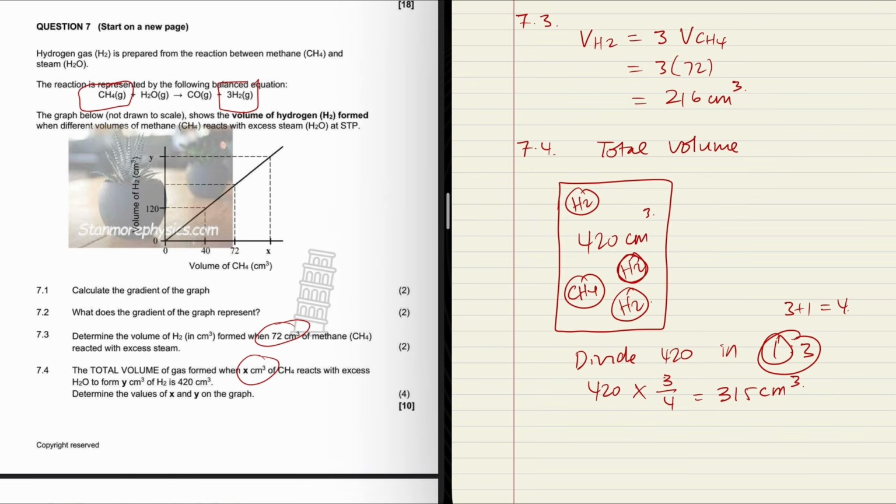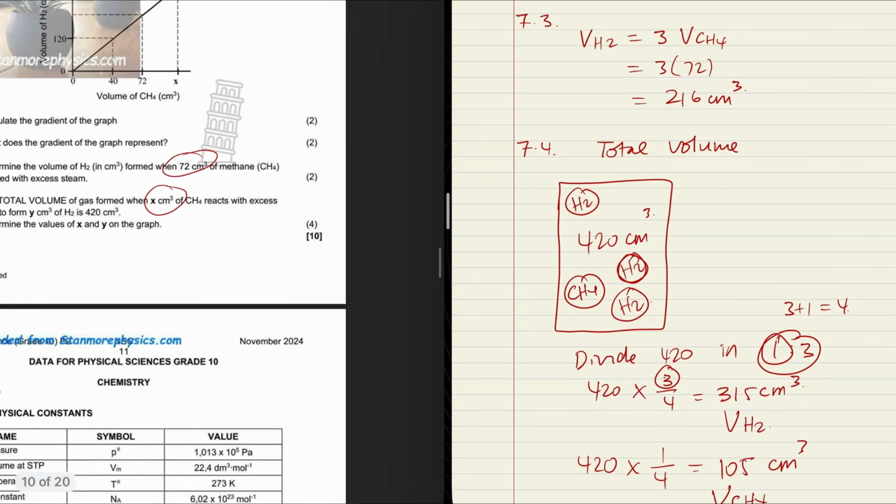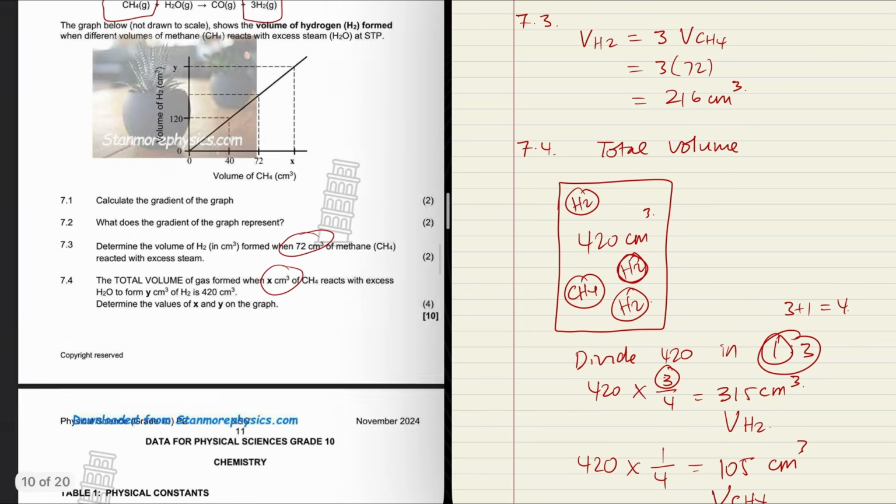Rather, this is the H2 because there's 3 of them, so this is going to be the volume of H2. Then we'll say 420 multiplied by 1 over 4, and that's going to equal 105. So there's 1 CH4, so this is going to be the volume of CH4. And that seems to be the whole paper.